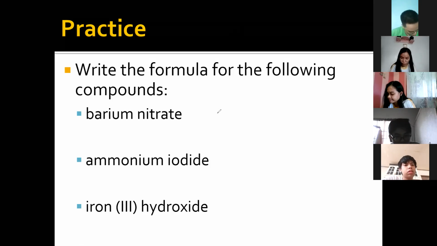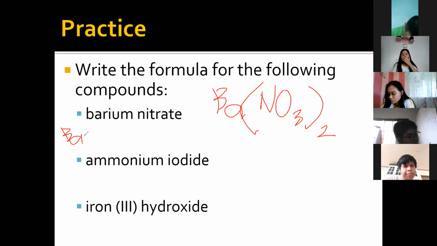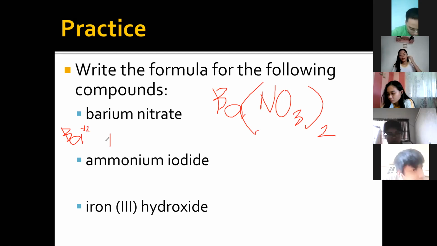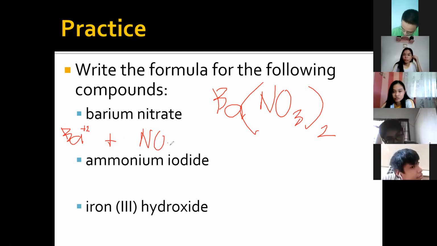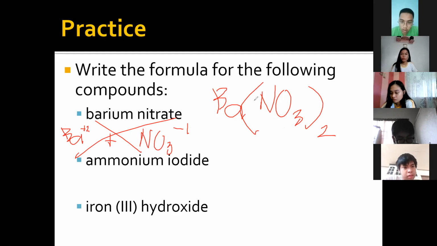Since barium is +2 and nitrate is -1, crisscross: the +2 will be the subscript of nitrate. And be careful, class, since nitrate is a polyatomic ion, you have to provide a parenthesis before you write the subscript, which is 2.